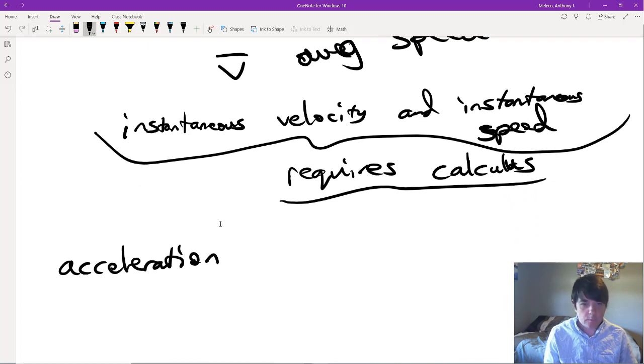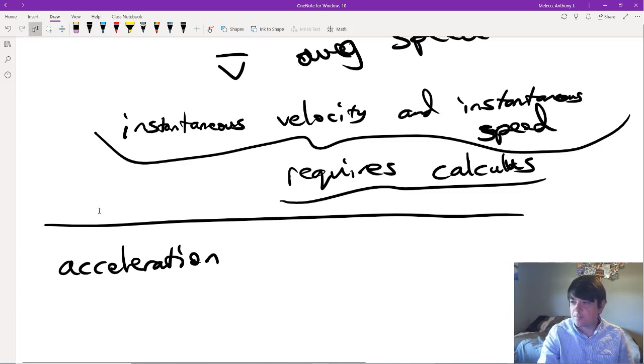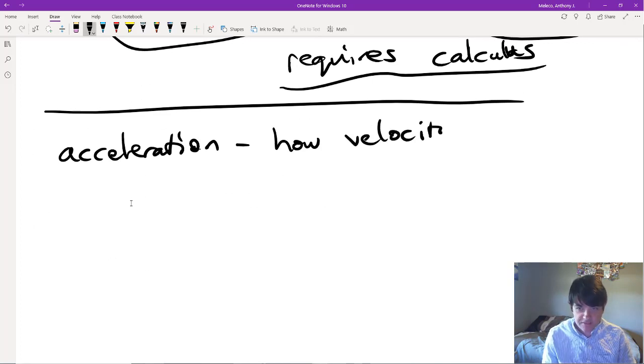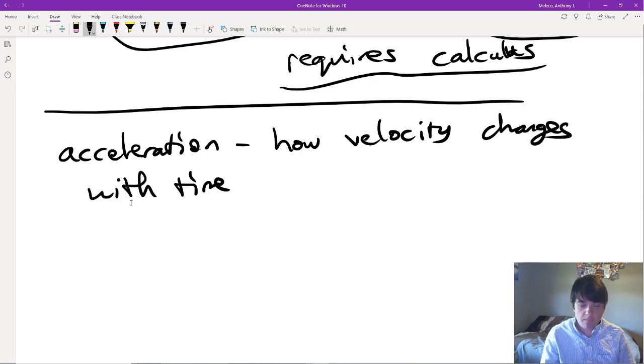Okay, so the last thing we need to define is acceleration. Acceleration is how velocity changes with time. So you've had position, location in space. Then you have velocity, how position changes with time. And now you have acceleration, how velocity changes with time.